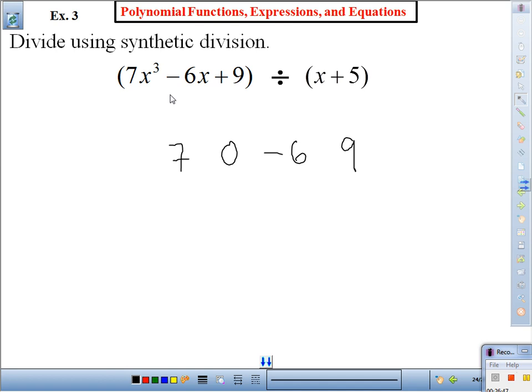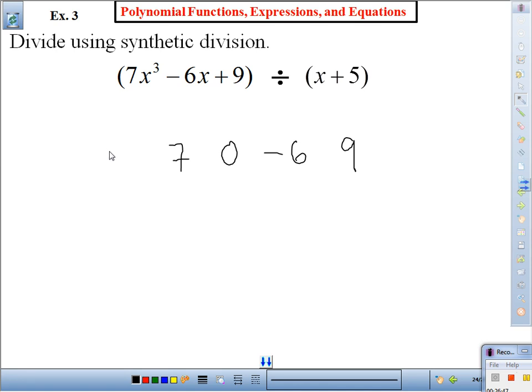I wrote this polynomial here because it's missing the x squared, right? Okay.